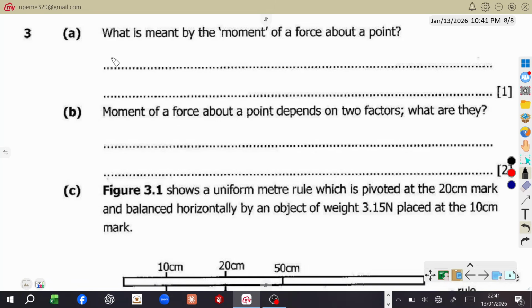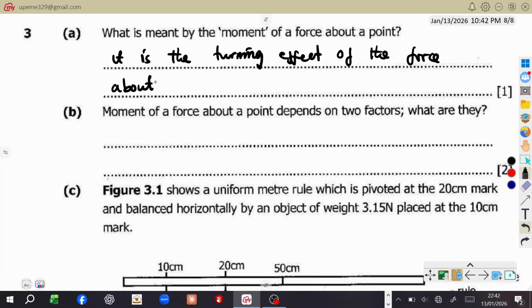So we say it is the turning effect of the force about the point called pivot.